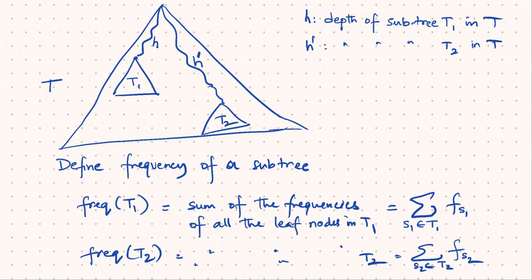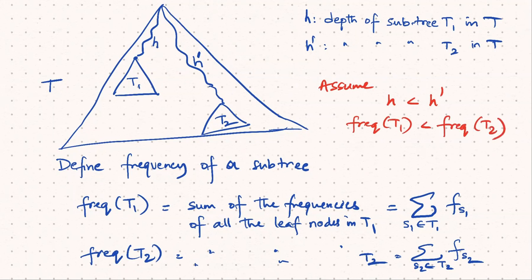Okay. So now, to compute how the cost changes, let us assume that h is less than h dash, and let's say that the frequency of T1, which we just defined, is less than the frequency of T2.